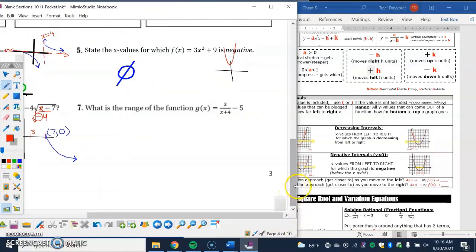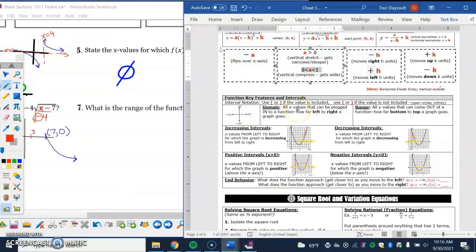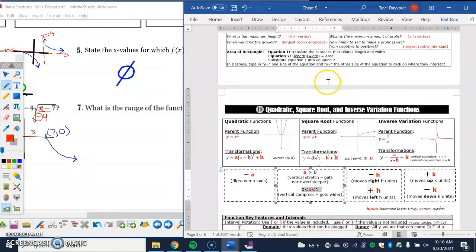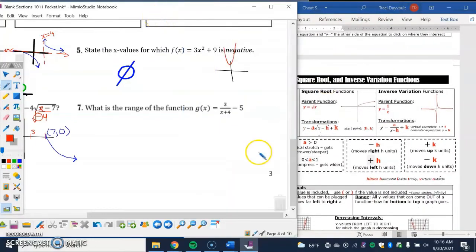And what is the range of this function, which is which type of function is this? If it's 3 over x plus 4 minus 5, it has an x on the bottom. Okay, so that means it's an inverse variation function. And if we think about what the graph looks like, it's going to look like this.